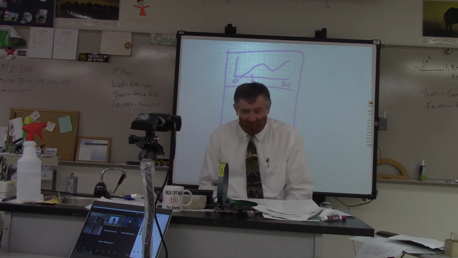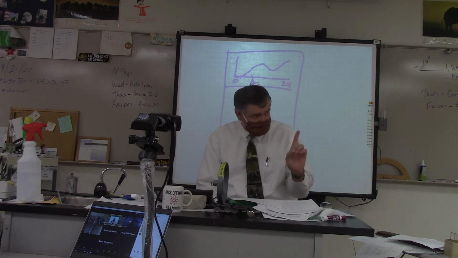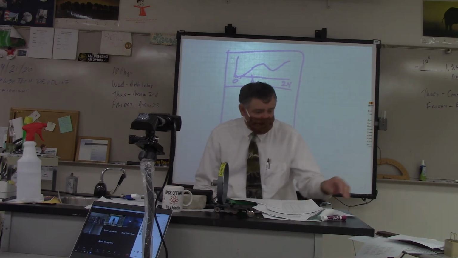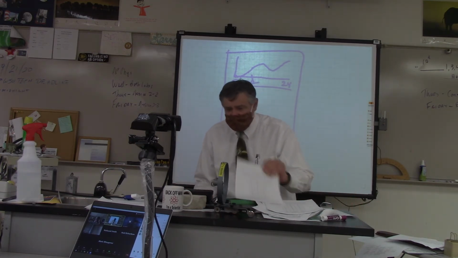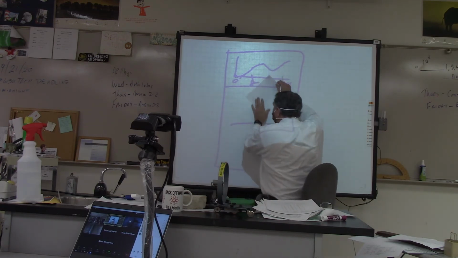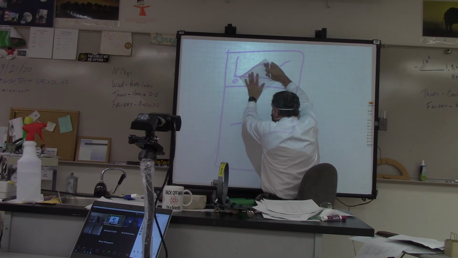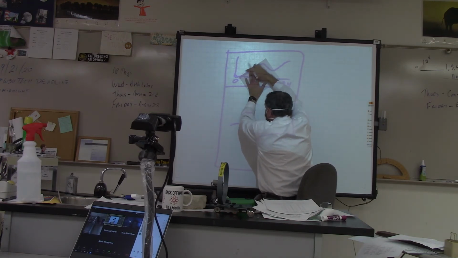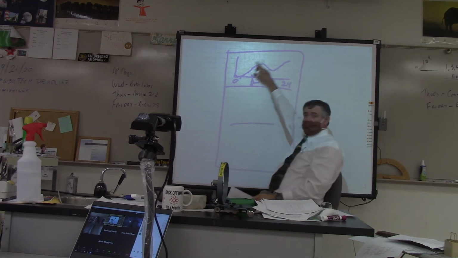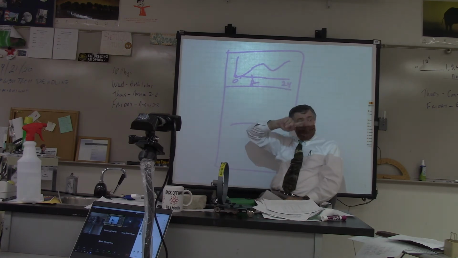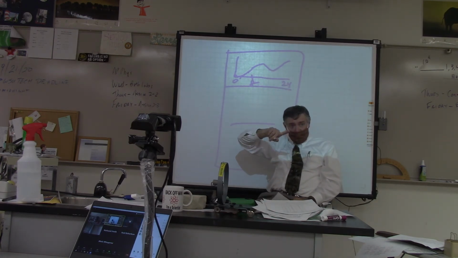You're going to go to the 8-second mark, and you're going to draw a tangent line. You're going to take a ruler, go to the 8-second mark, and as best you can, guess what a tangent line would be, where it would only touch that curve at one point.